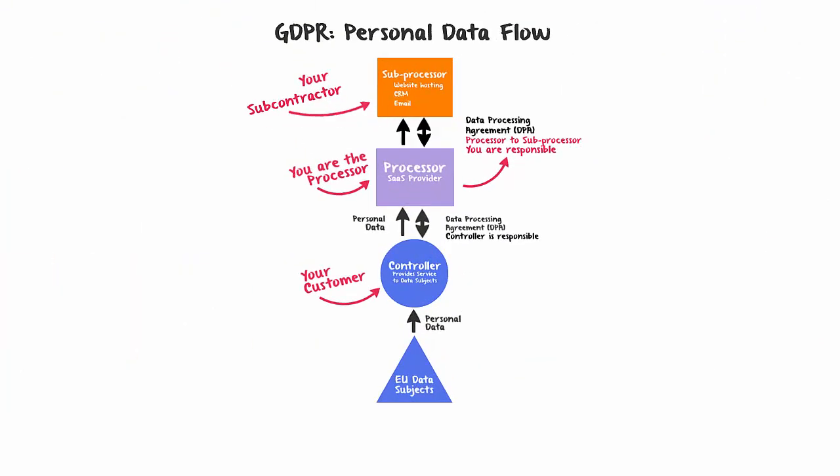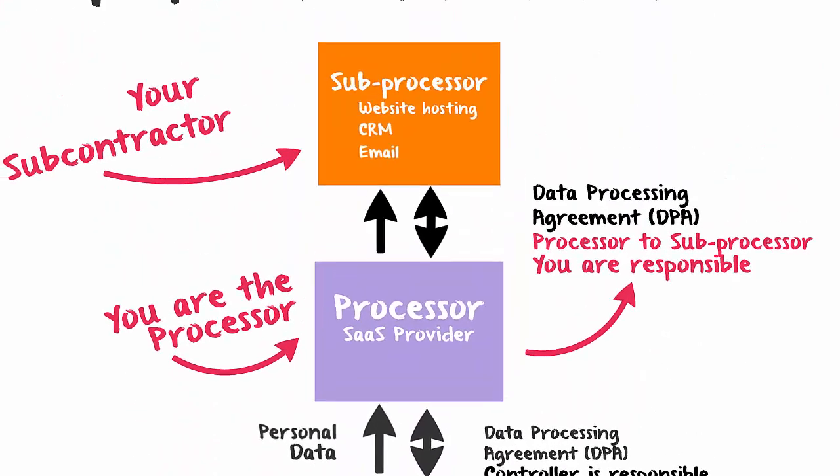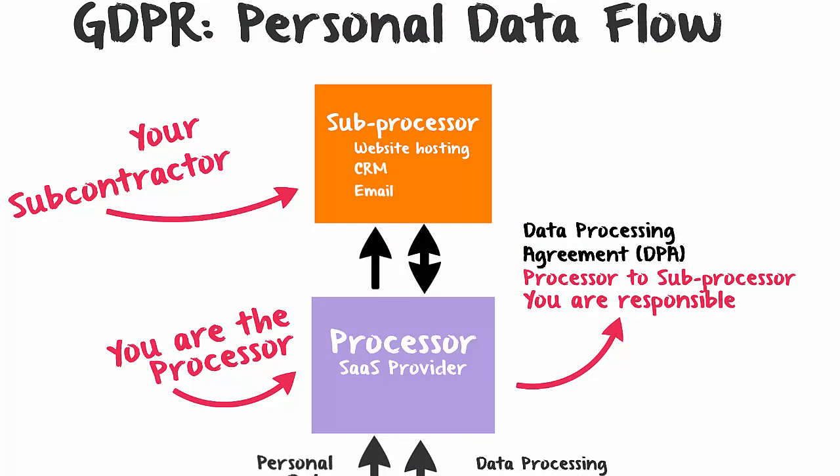Now, you'll recall this data flow diagram, and I'm going to click through it to get to the top level, which is the key to this particular video. And there you have a situation just discussed where the processor, you, is subcontracting with a contractor for data processing services, and the subcontractor is acting as a sub-processor.